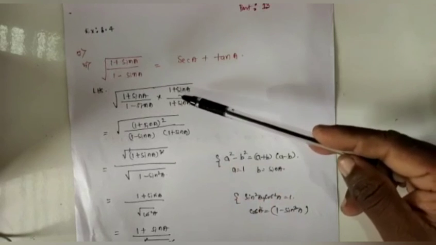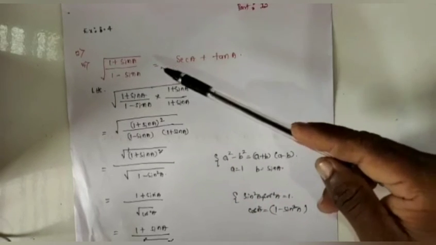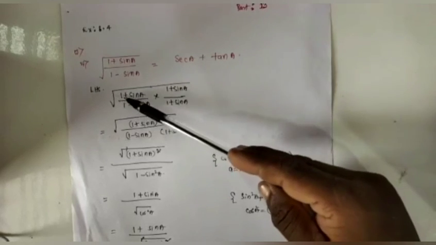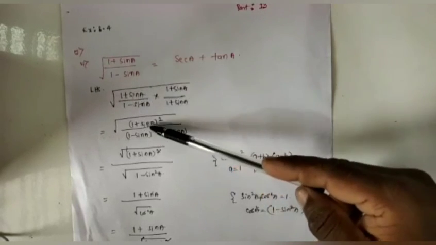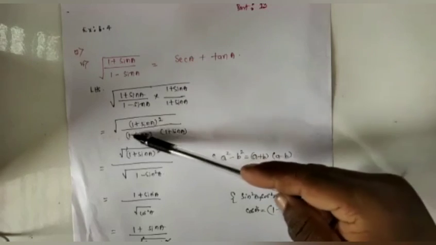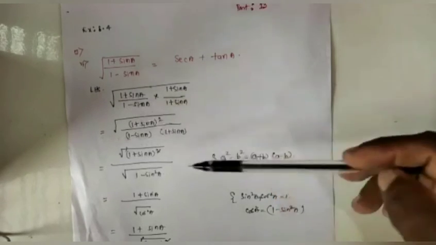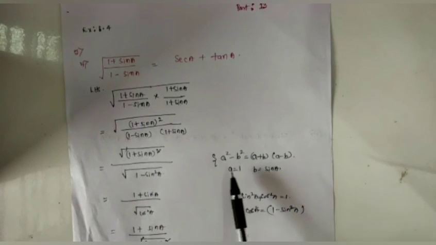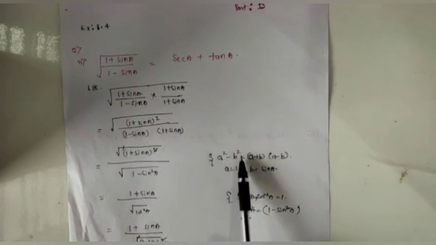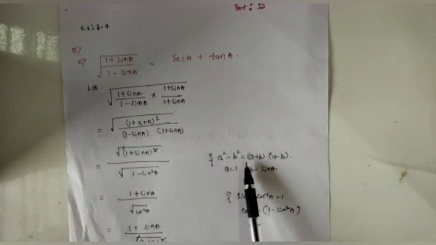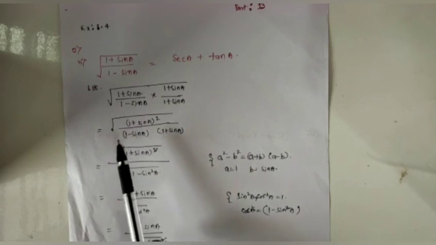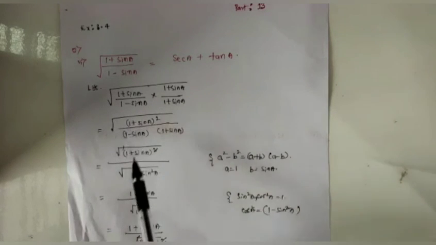When we multiply both numerator and denominator by 1 plus sine a, we get 1 plus sine a whole square divided by a denominator of the form a square minus b square. The factors of a square minus b square are a plus b into a minus b. Here a is 1 and b is sine a, so a square minus b square is 1 square minus sine square a. We can split the square root on both numerator and denominator.